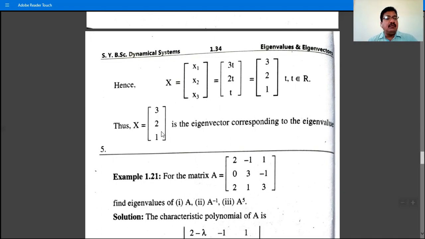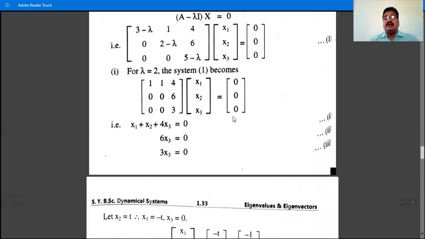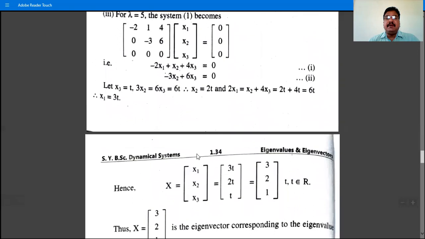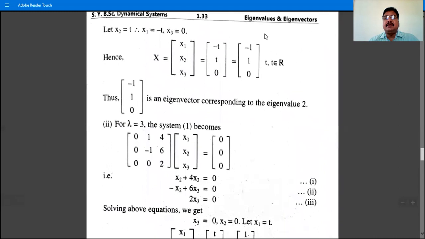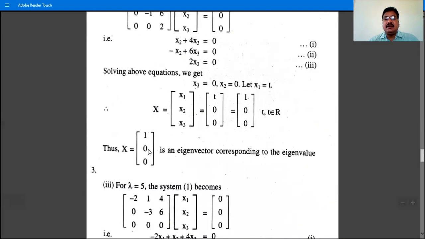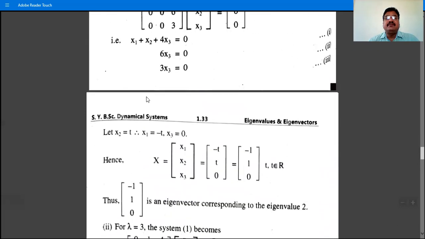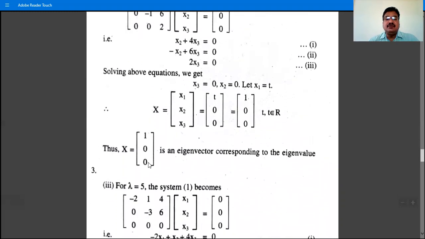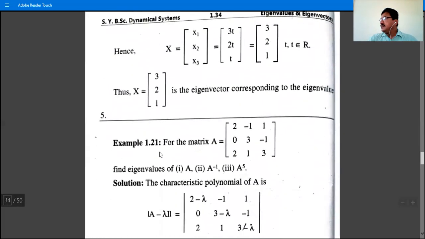So in all, for this example, we have three distinct eigenvalues and we have three linearly independent eigenvectors of the matrix A. And what are those? The first is 1, 0, 0, the second is minus 1, 1, 0, and the third one is 3, 2, 1. So we have the three linearly independent eigenvectors for the matrix A.